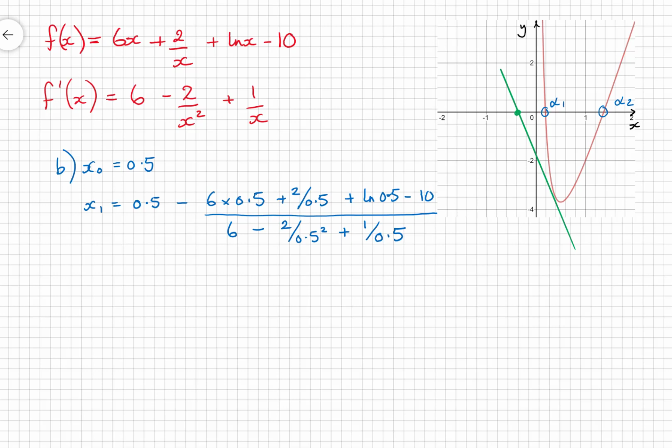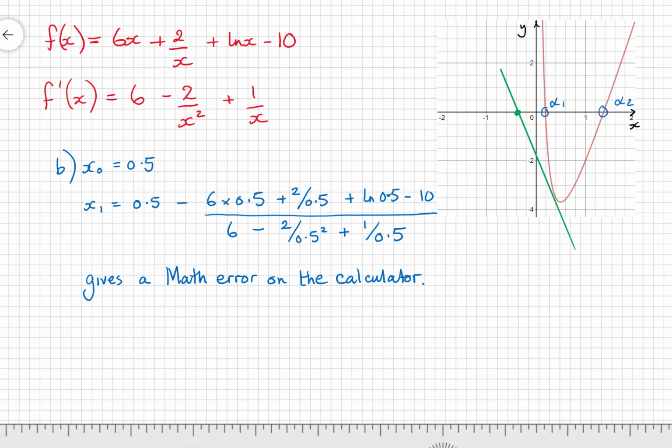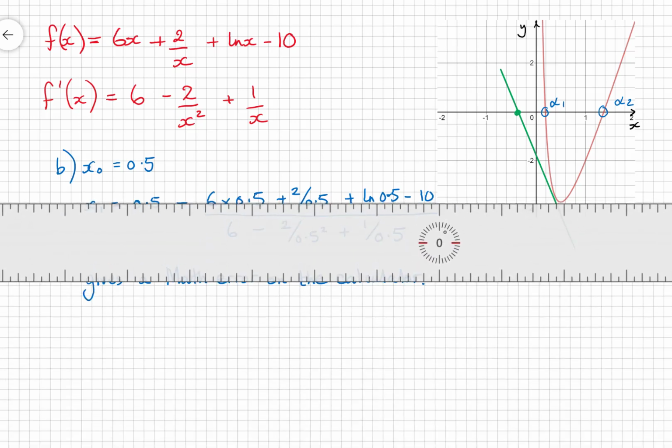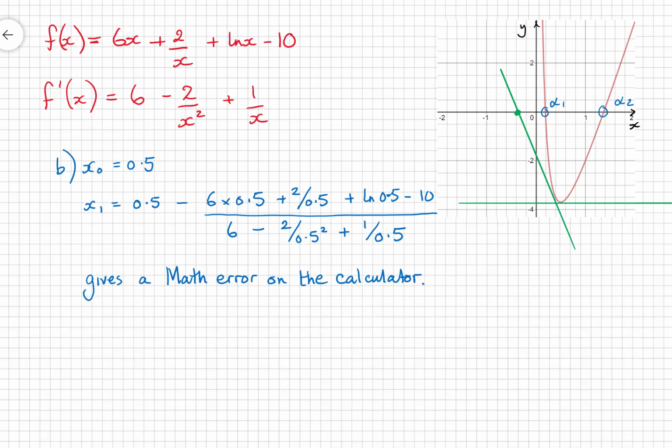But when you enter that into your calculator, you'll get a maths error. So what's going on here? Well, 0.5 is at the very bottom of our graph, and so we have a horizontal line for a tangent, and therefore it simply never intersects with the x-axis, and so that's why it's undefined.